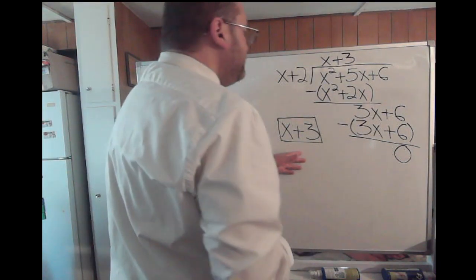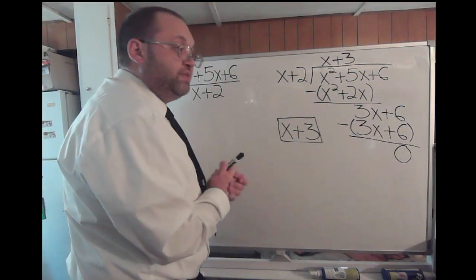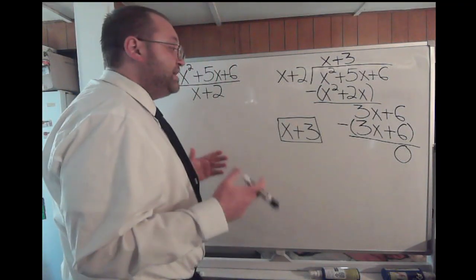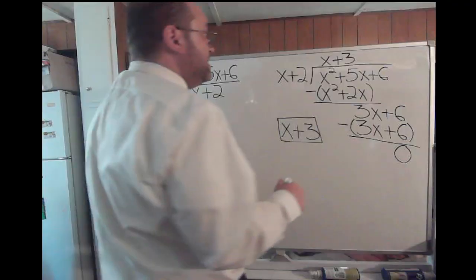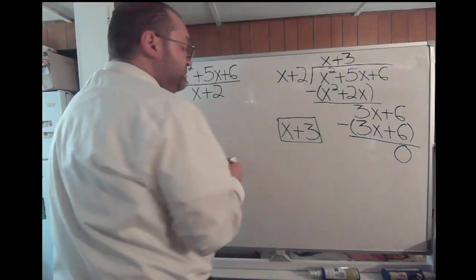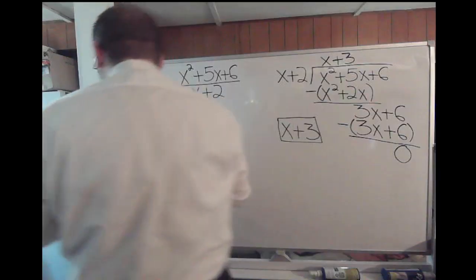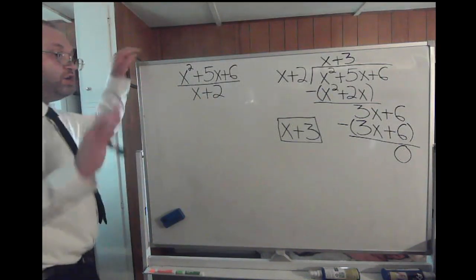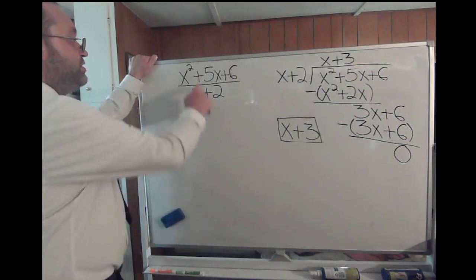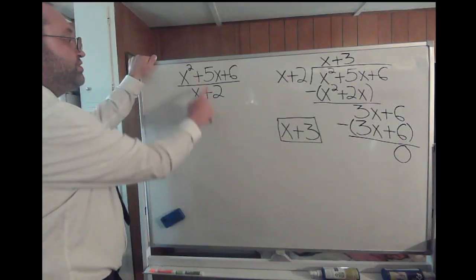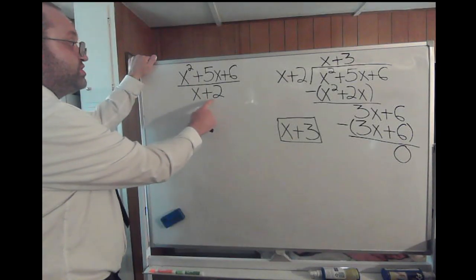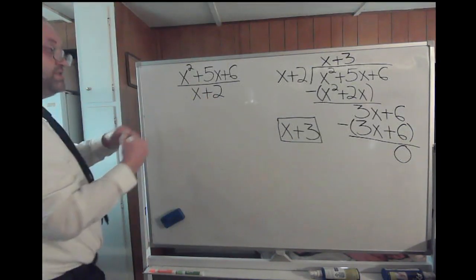If there ends up being a remainder, I'll show you what to do with that, which we will have some problems that have remainders, but your answer in the end would be x plus 3. And really, polynomial long division also is when you have the original polynomial and you're dividing it by one of the factors already. We know x plus 2 is a factor, right?